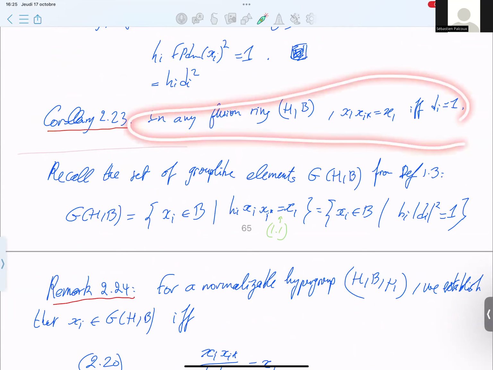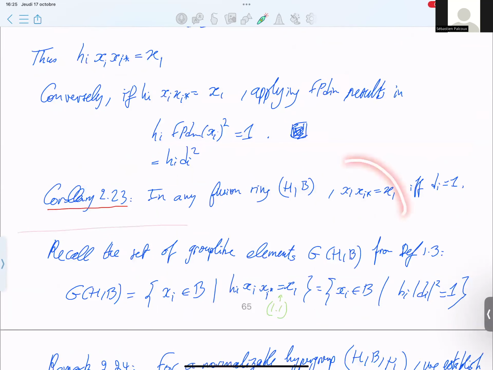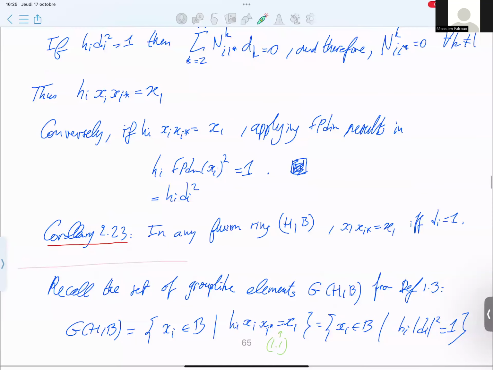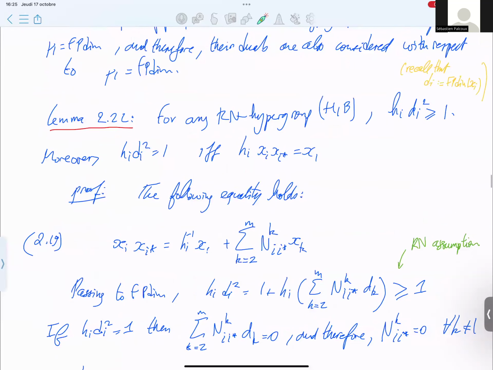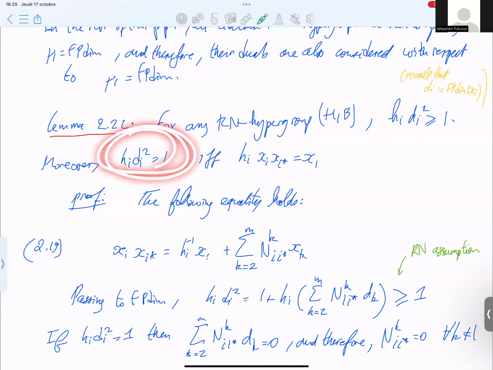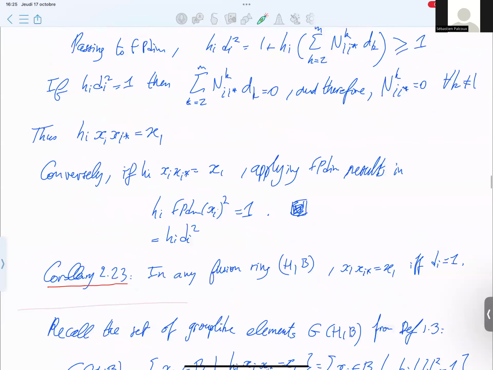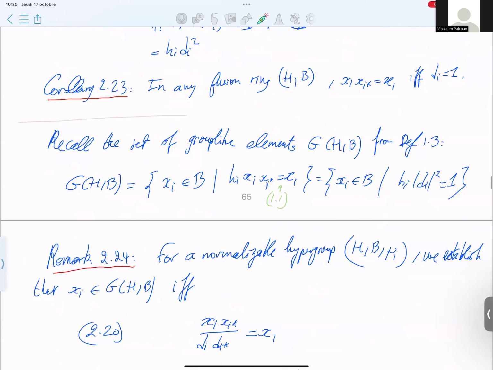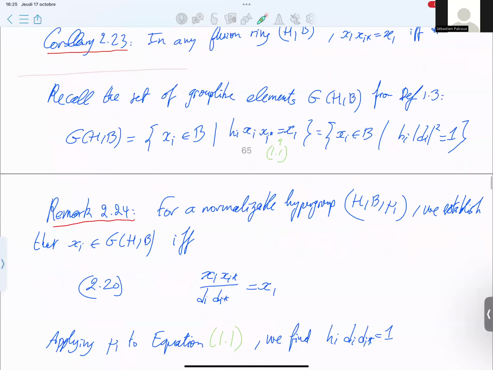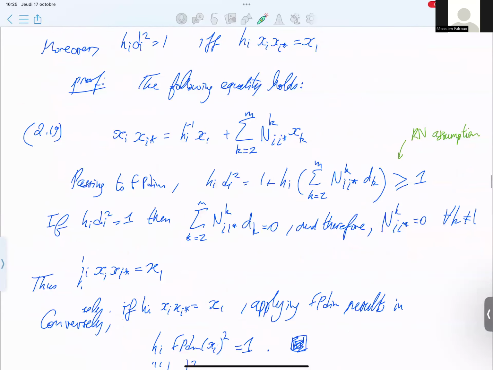If you apply that to a fusion ring, you said that a basis element multiplied by its dual is equal to the unit if and only if the Frobenius-Perron dimension is equal to 1. So where did we involve the dimension here? Yeah, here, dimension equal 1. Because in the fusion ring case, this is 1.